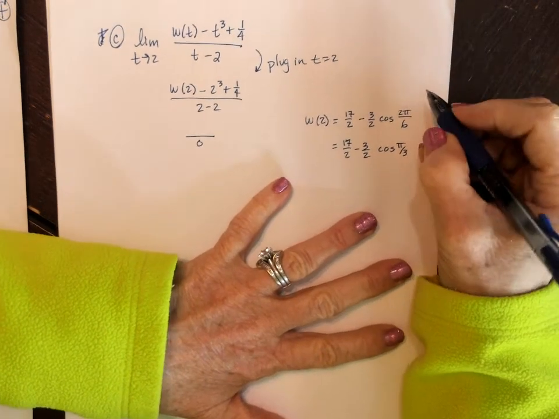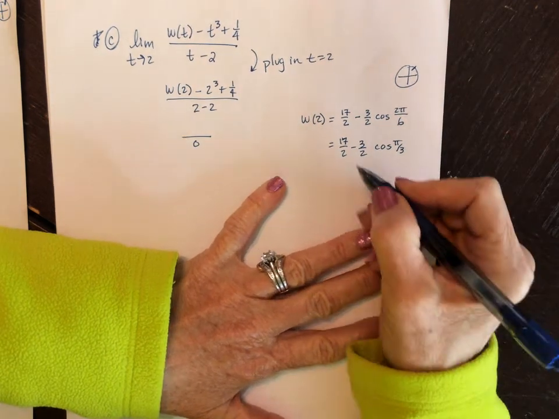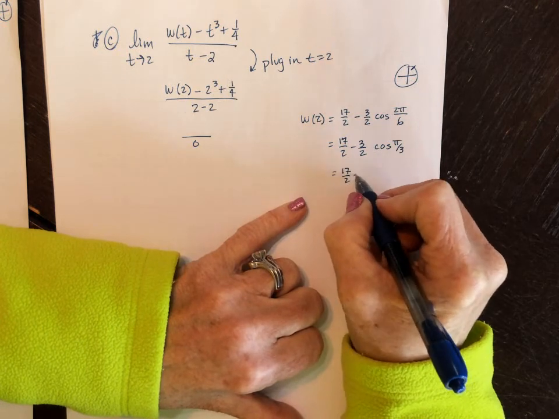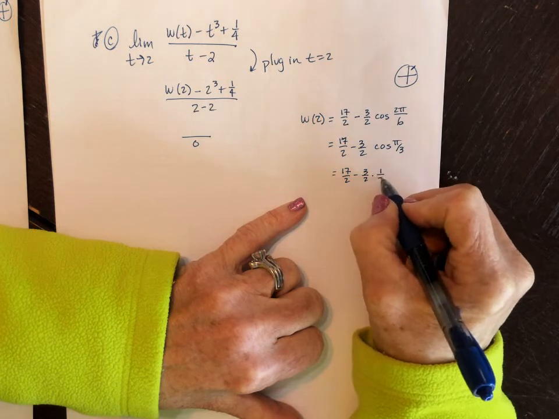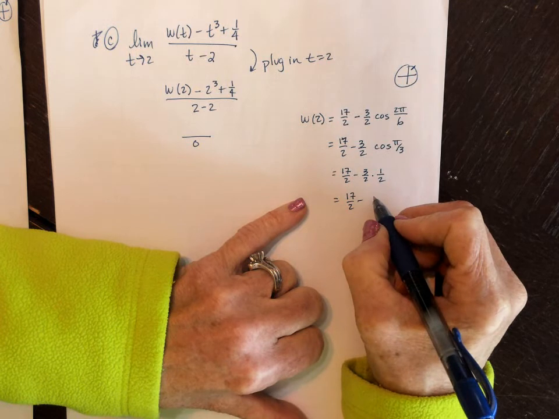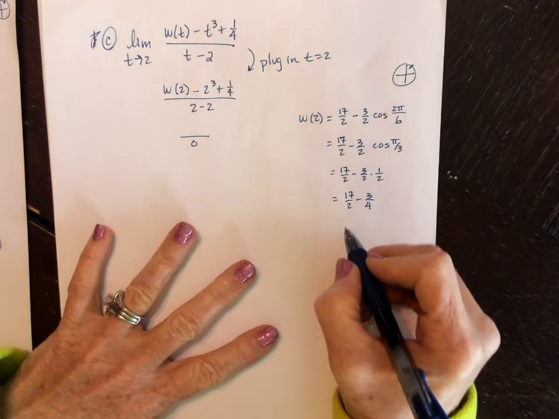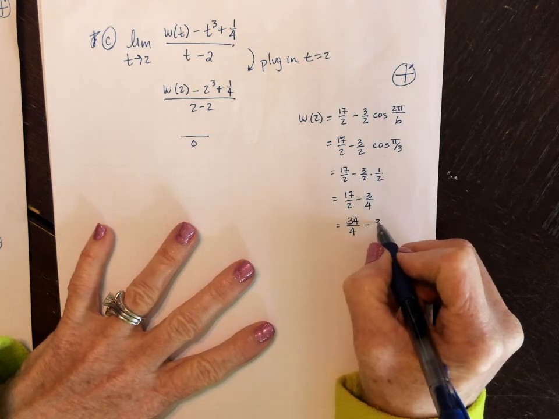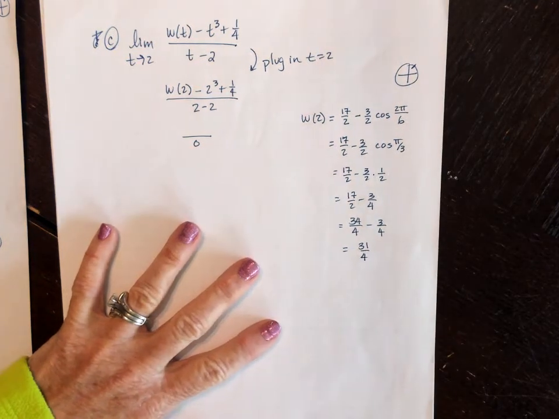Pi over 3 is right here. Cosine there is 1/2. So this is 17 over 2 minus 3/2 times 1/2. 17 over 2 minus 3/4. Common denominator makes this 34 minus 3 over 4, or 31/4.